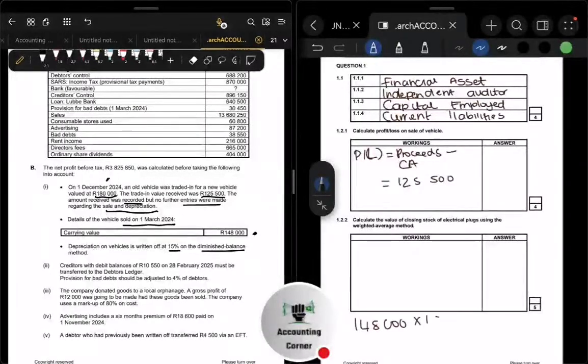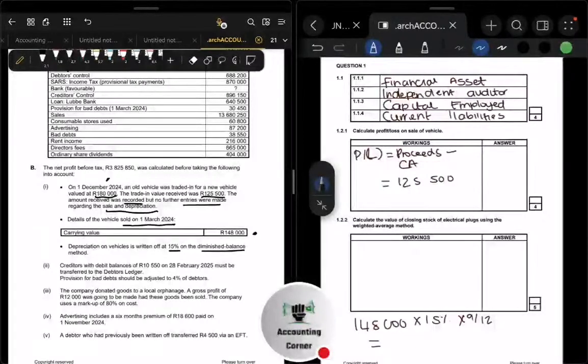Then we multiply by 15%. So we sold this on the 1st of December 2024. That means we had it from March 2024 up until the 1st of December 2024. This would be a good time to draw a timeline if you prefer that, but let's just count the months. So it was March, April, May, June, July, August, September, October, November. We don't count December because it was sold on the 1st. So we multiply by 9/12, and that will tell us what our depreciation for this vehicle is.